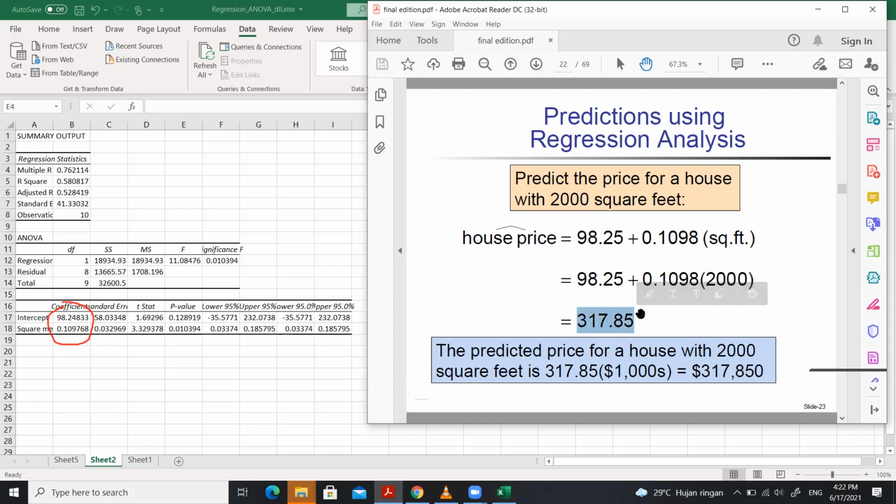The estimated price will be 317.85 times $1,000, something like that. That's a kind of prediction using this linear regression.